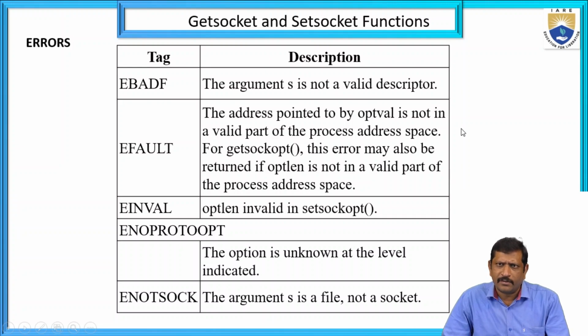What are the levels? At which level are the sockets communicating or being utilized? That is, the option is unknown at the level of the indication.